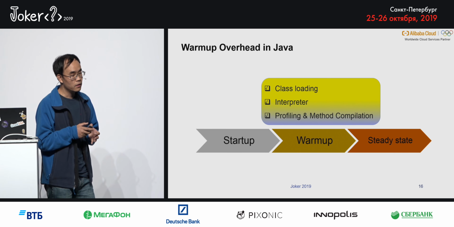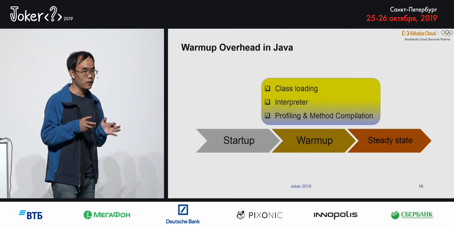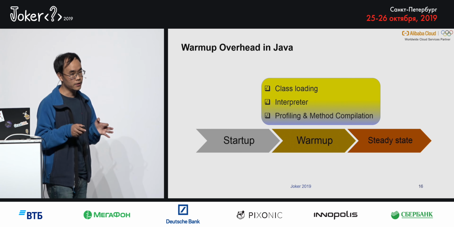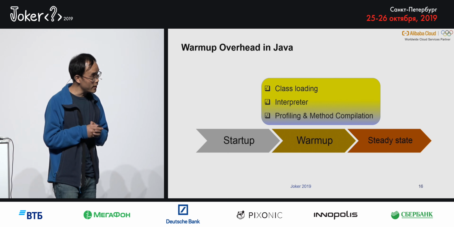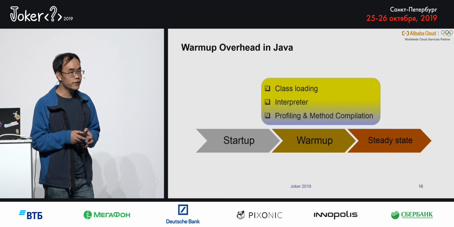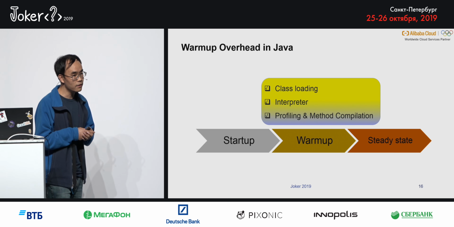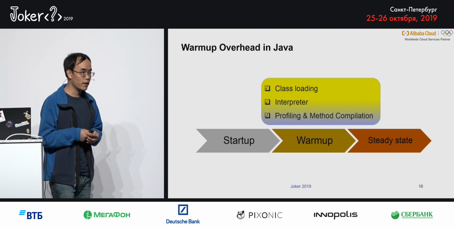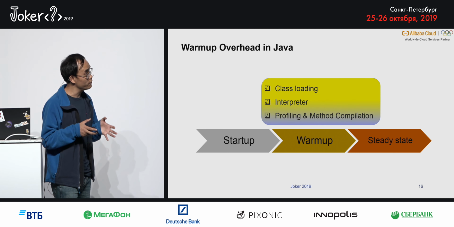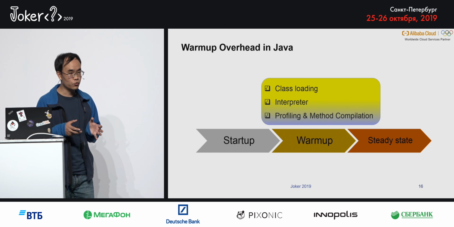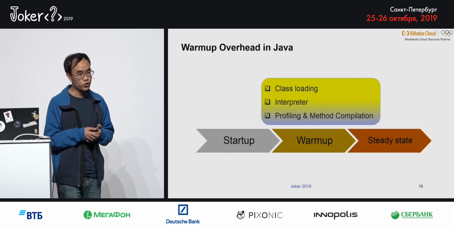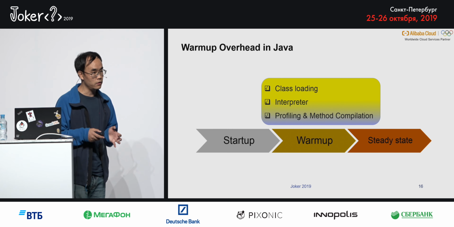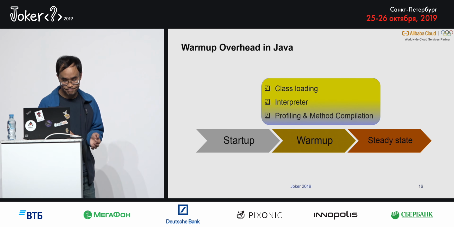At the beginning, the methods will be executed in the interpreter, so you will spend a lot of time in the interpreter. The last thing is that even in the C1 compiler and in the interpreter, the JVM will collect profiling information and do the necessary aggressive compilation for your JVM process. So this is the cost of warm-up.